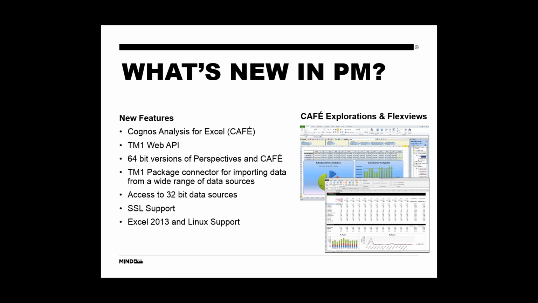You've got the latest updates, so both CAFÉ and Perspectives, or previously Accelerator, can be used in conjunction with Excel 2013, and in fact TM1 can even be run on Linux these days. So if you prefer Linux and Windows, you've got that option available to you now as well.